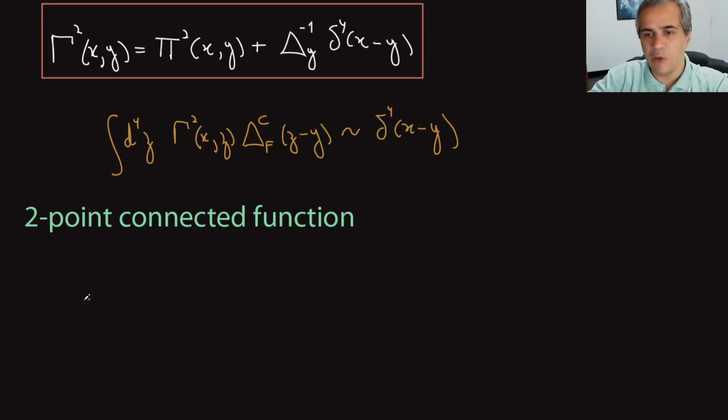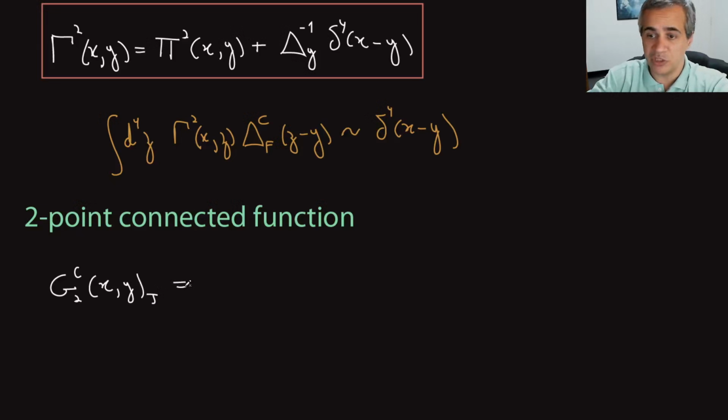We already did define before the 1-point connected functions. Let's do the same for the 2-point connected functions. These guys are functions of 2 variables. And let's start with this in the presence of sources, because we need that to do the derivatives, and we take the sources to 0 at the end.